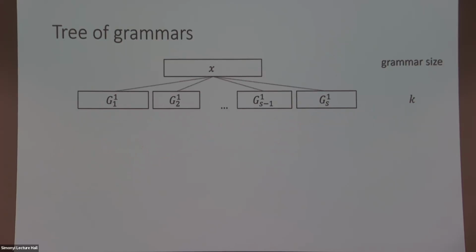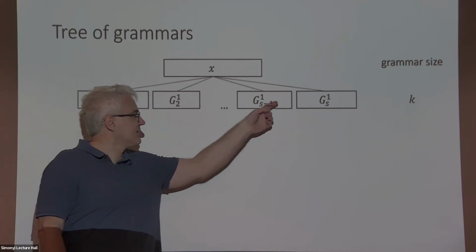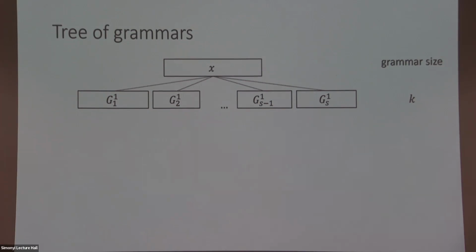We took X and broke it into these grammars, G1 up to GS, and there's a superscript 1 because it's one level. So what was the problem? The problem is that we are spending too many bits maybe on grammars which are not that different, which contain just few edit operations. We have these k grammars, each of them may contain up to k errors, so we have to recover the whole grammars, and that's k squared bits.